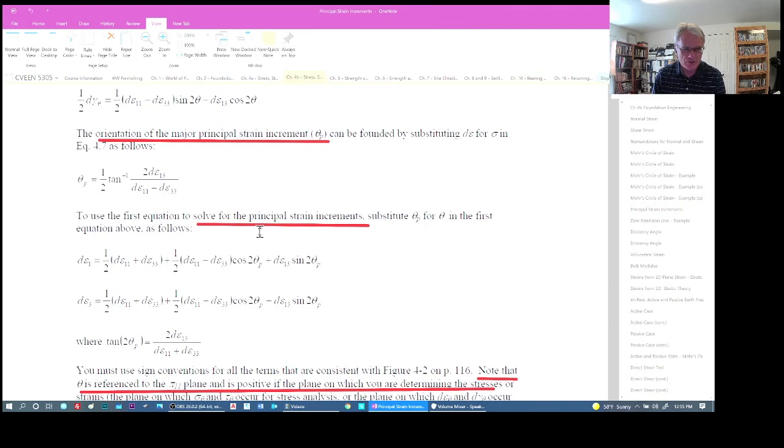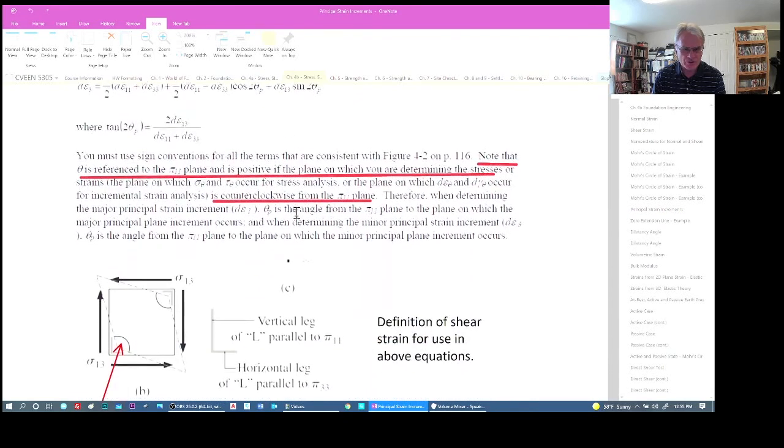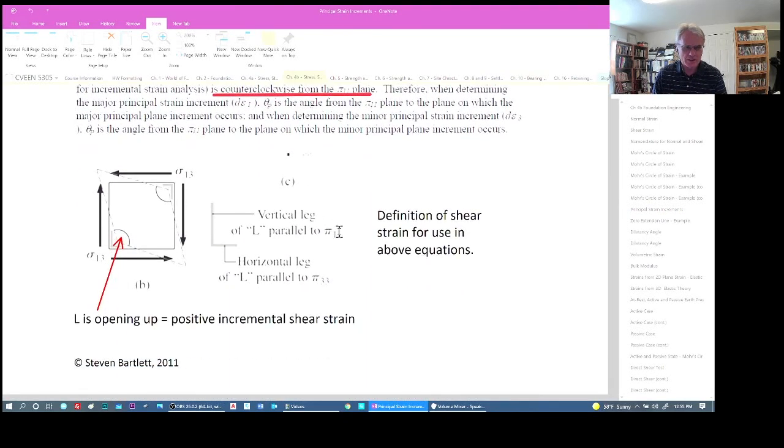You can also find the principal strain increments from these equations. And just down here reminds you again that if we draw a diagram and we distort it, where we're focusing maybe on this couplet in this area here, then if that angle opens up, then the shear strain is defined as positive.